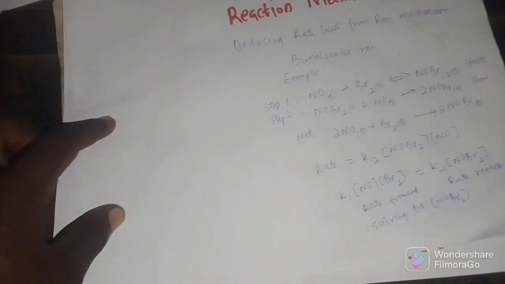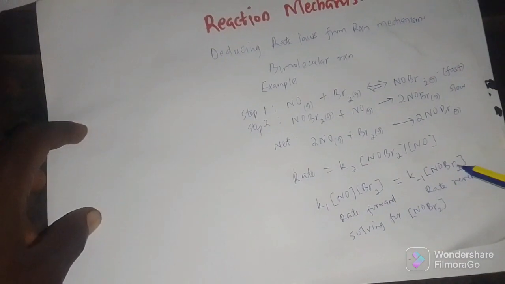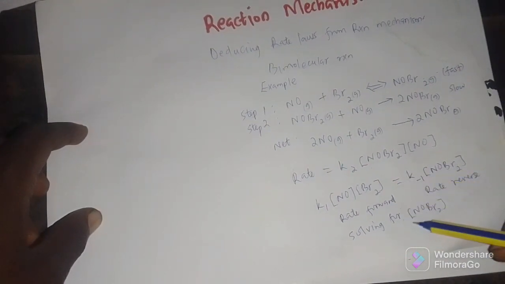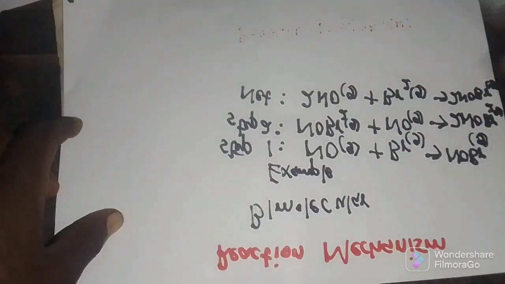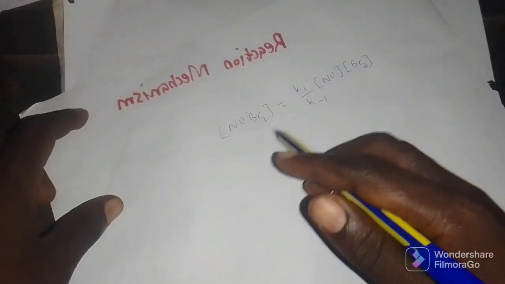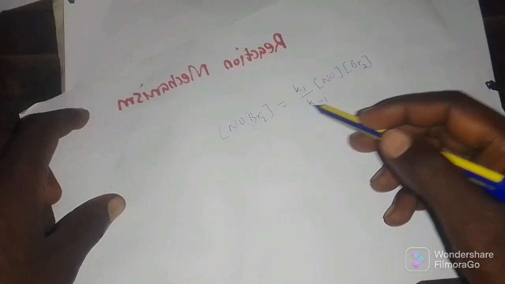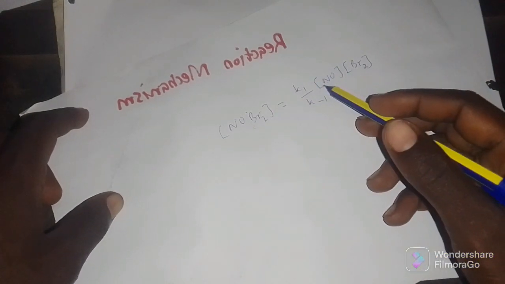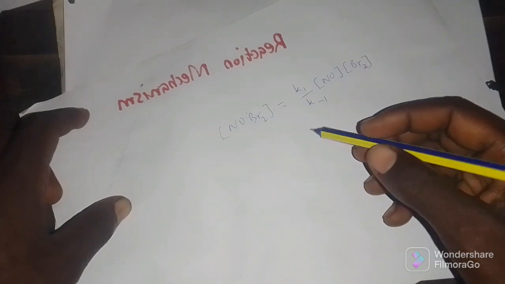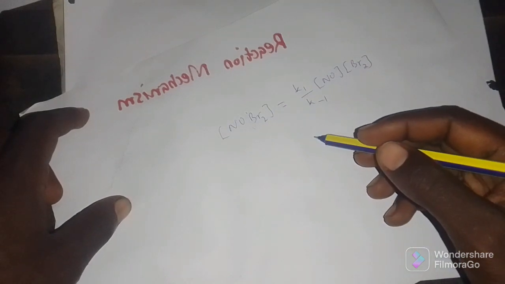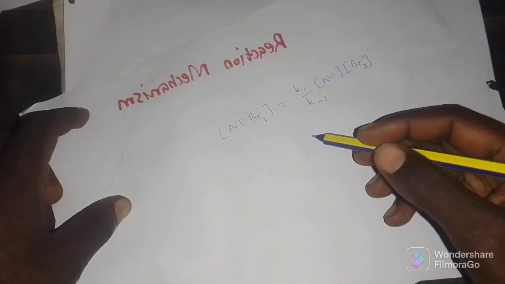After solving for this intermediate from this equation, the next thing we do is put it into the initial rate law, the rate law for the rate determining step.